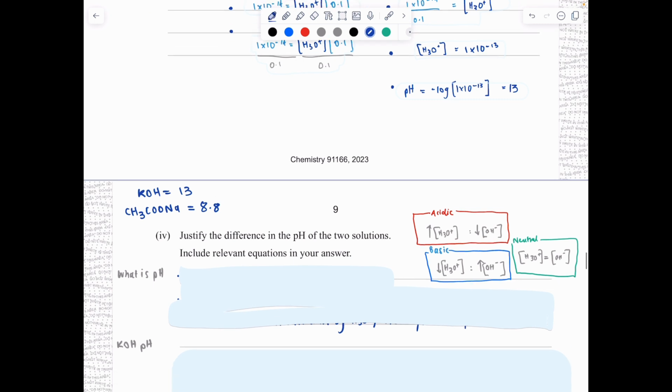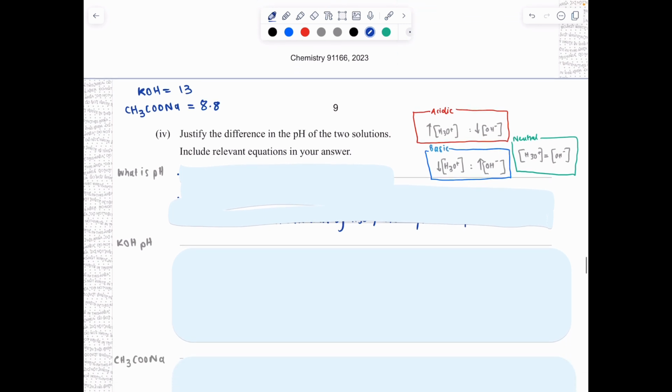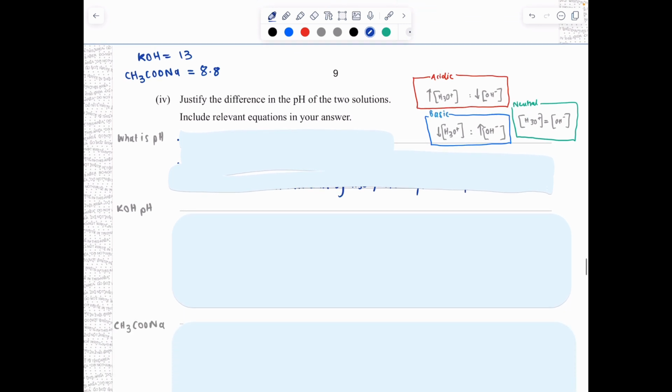So we're going to have to compare and contrast these. Both of them are bases. One is stronger than the other. So that's important information for how we're going to write our response.